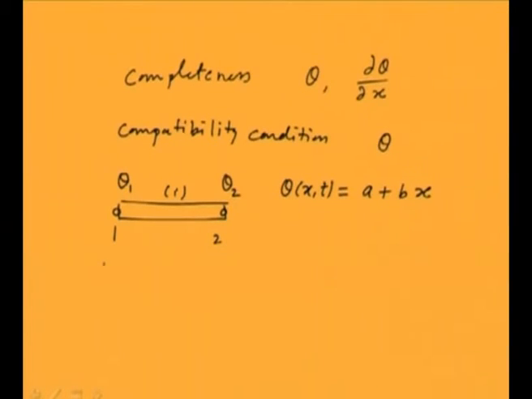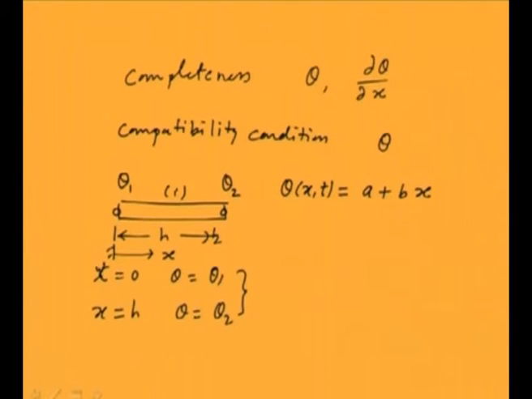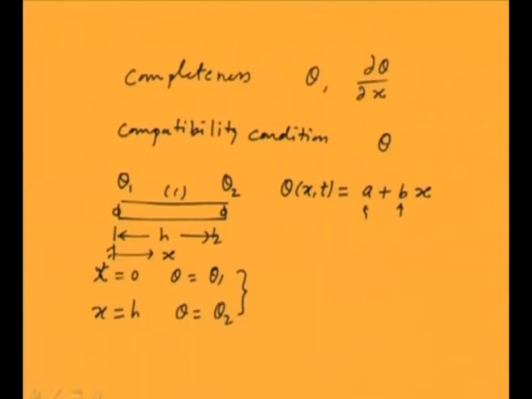One is at x equal to 0, because the x axis is here, theta is theta 1, and at x equal to h, the length of the element, theta is theta 2. So here we have two boundary conditions, so that means we can obtain two constants in the polynomial. So that is also satisfying our requirement.